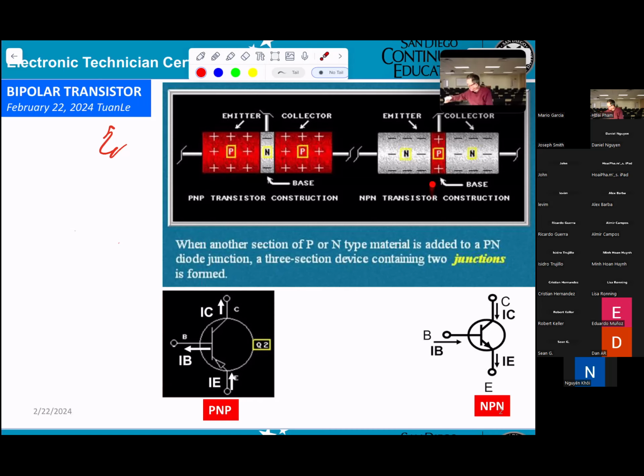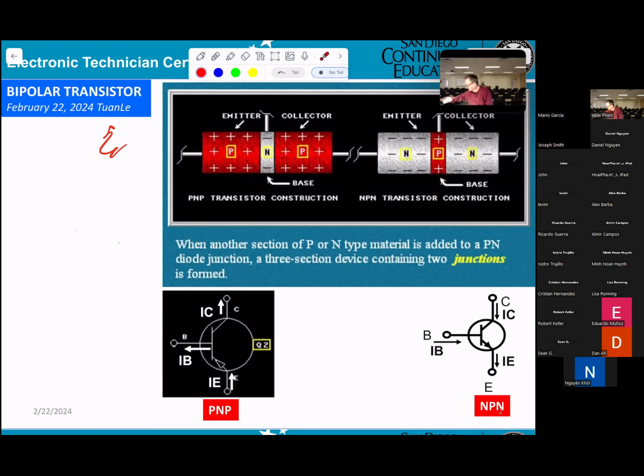This is the base right here, and the collector can get a current coming in, and the emitter is leaving. And the other one here, PNP, has a P side and an N side with the middle here.